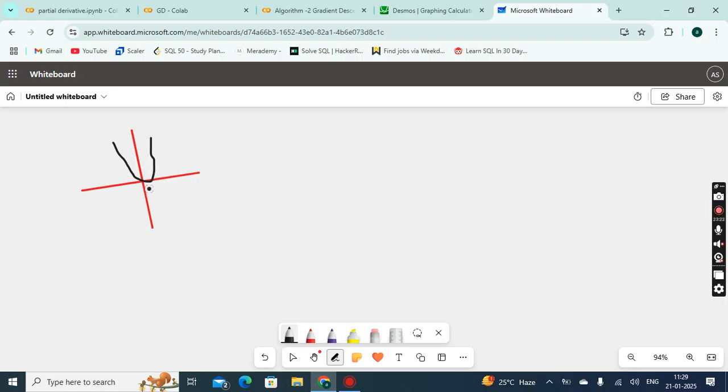Now you can see that the graph is actually touching at a single point. This is that point. And I know that whenever the graph is at this position, when it touches the x-axis at this position, this is the minimum point.